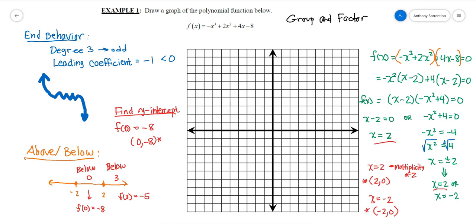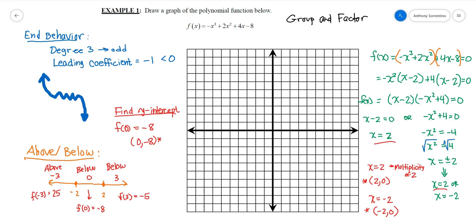And if I pick a value to the left of negative 2, say negative 3, and I do f of negative 3, and put that in my calculator, I get 25, which means it's above the x-axis.